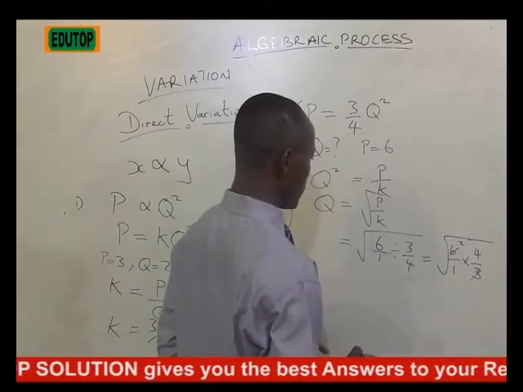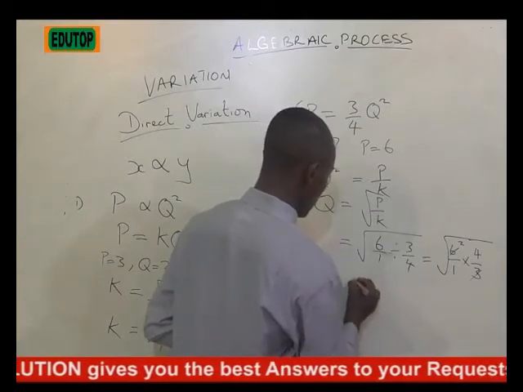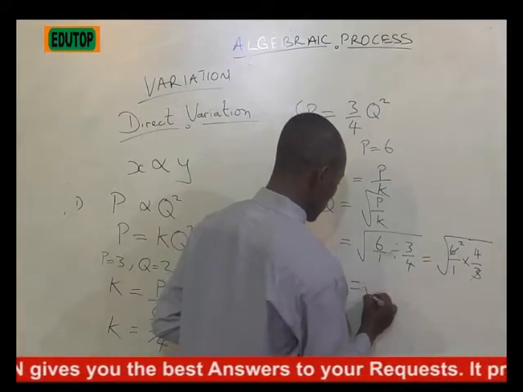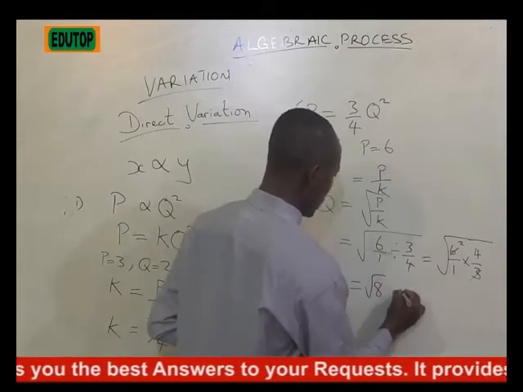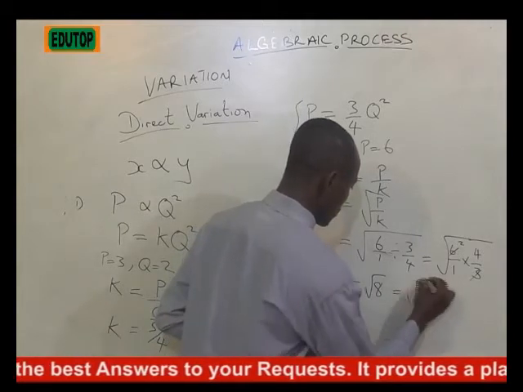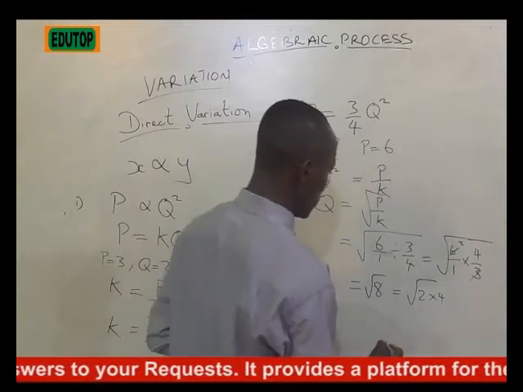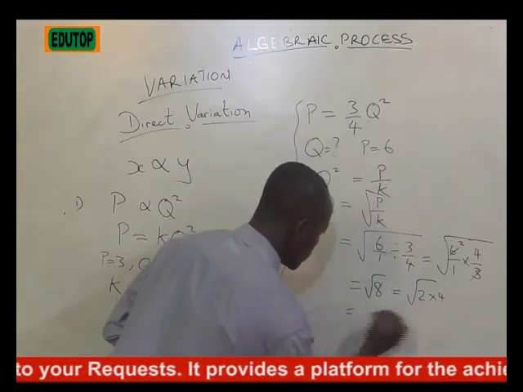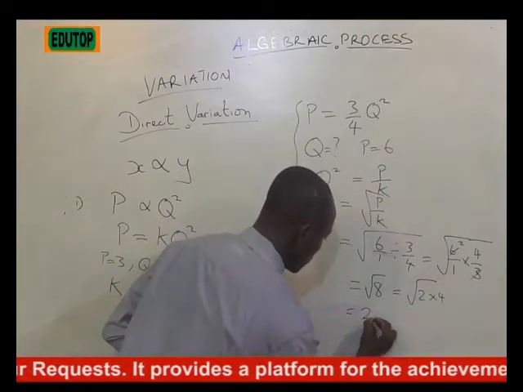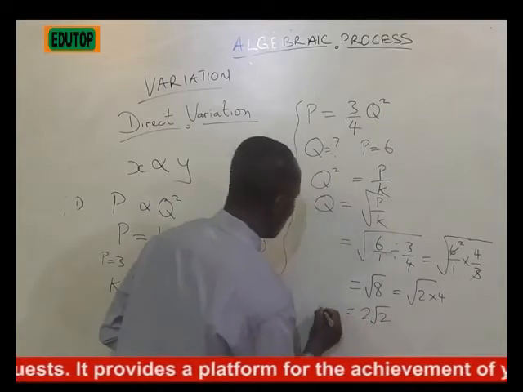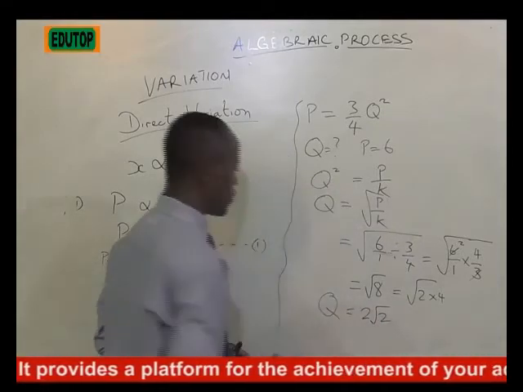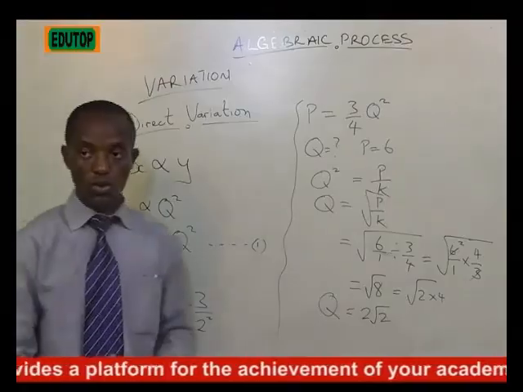That will now give us the square root of 8, which is equal to the square root of 2 times 4, which will now give us, the square root of 4 is 2, that will be 2 root 2. So our q is equal to 2 root 2.